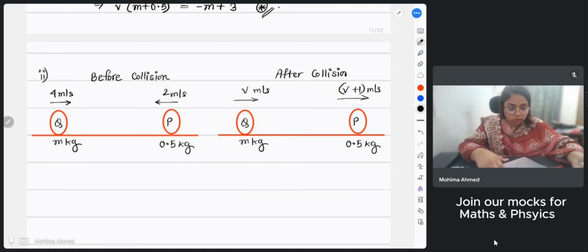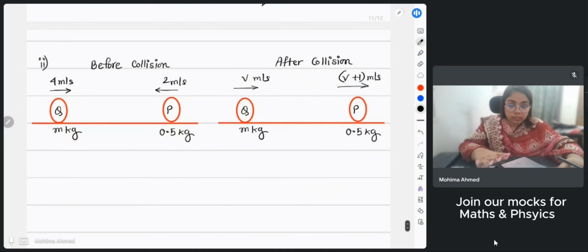Now, in this case, as multiple directions are involved, you have to specifically say whether you take direction towards right as positive or left as positive. So over here, I'm going to write that taking direction right as positive.